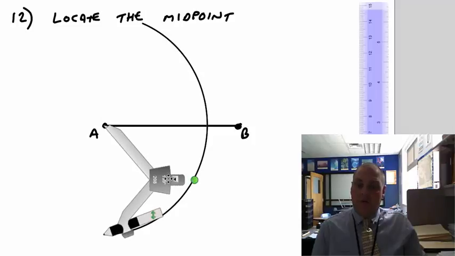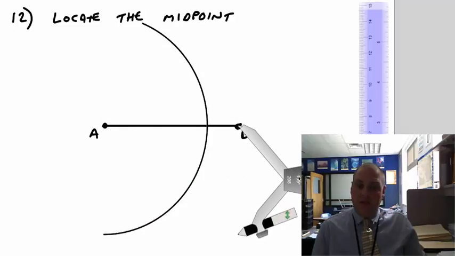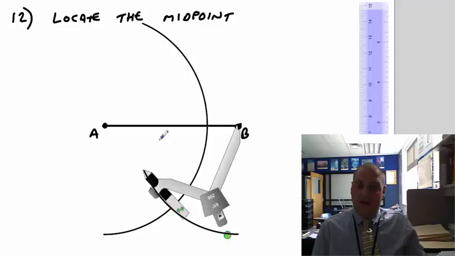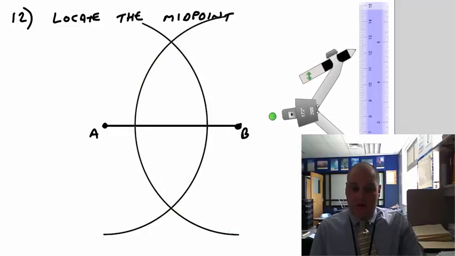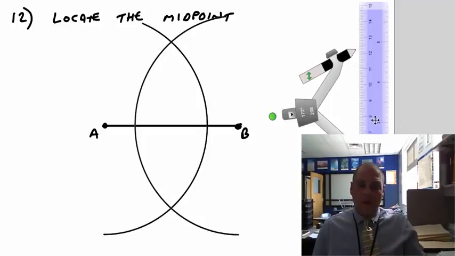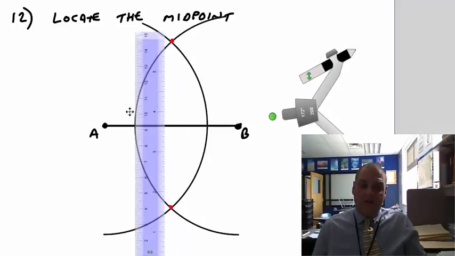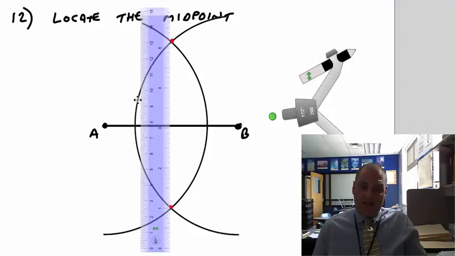And then from B, we're going to do a half a circle again. And the intersection points right there, I have two intersection points, one right there and one right there of my arcs. If I line those up, I actually get the perpendicular bisector.